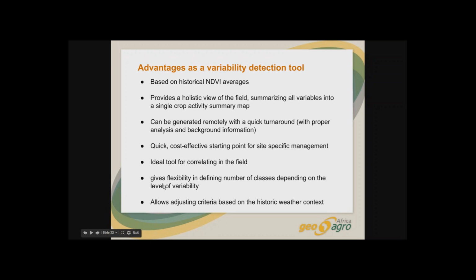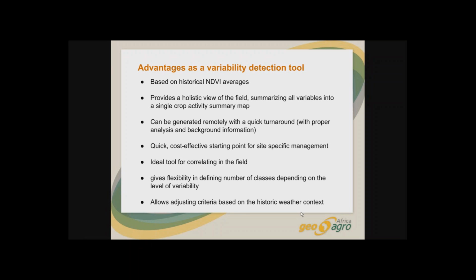You have flexibility in defining the number of classes. If you have a very variable crop, a very variable field, maybe you'll choose 7 classes. If you have a field with less variability, you might choose 3 or 5 to see the differences. It also allows adjusting criteria based on the historic weather context.